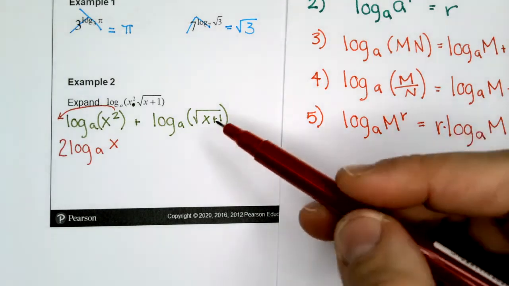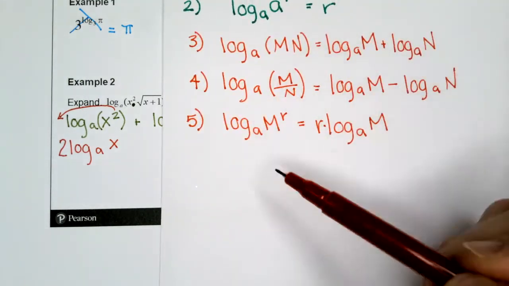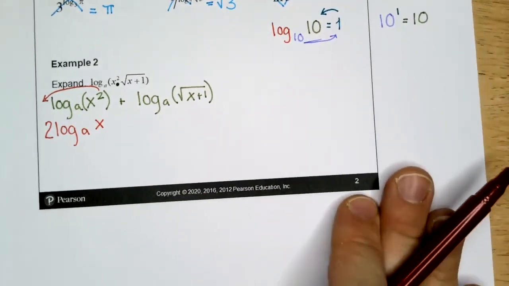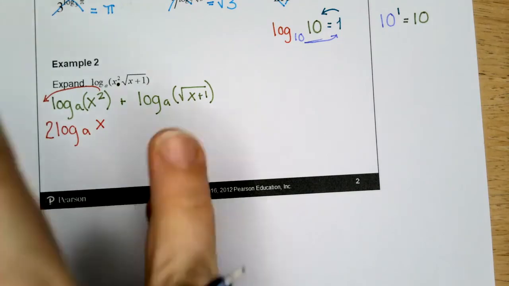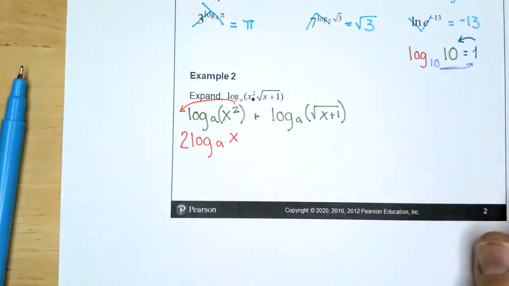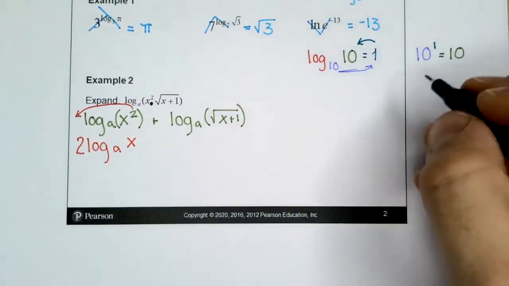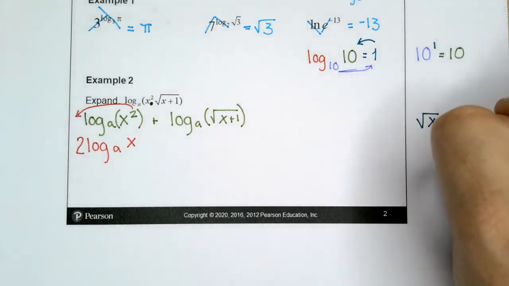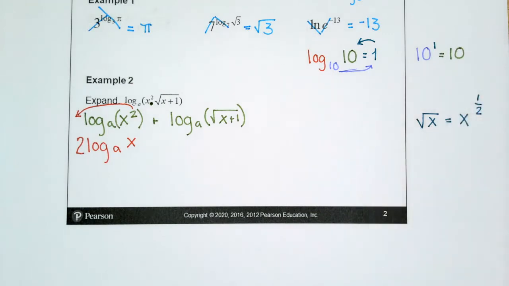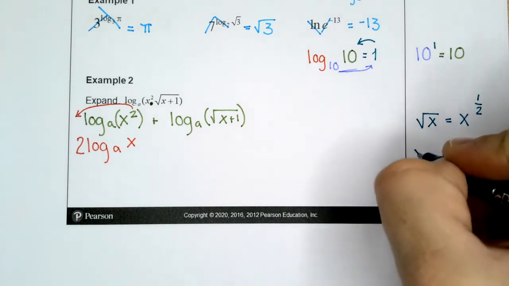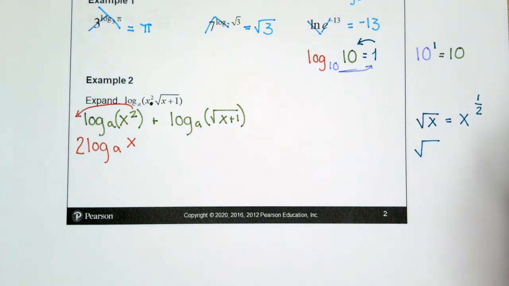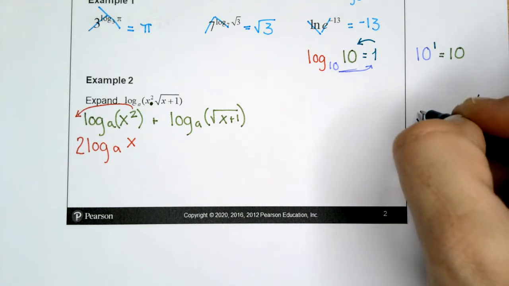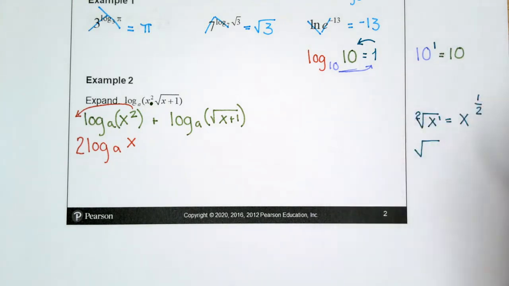Good. I don't have a rule that uses the square root, but I do remember that the square root of x can also be written as x to the 1/2. Do you remember that? I think it's from unit R back at the beginning, our review. So basically the 2 is from here and the 1 is from here.